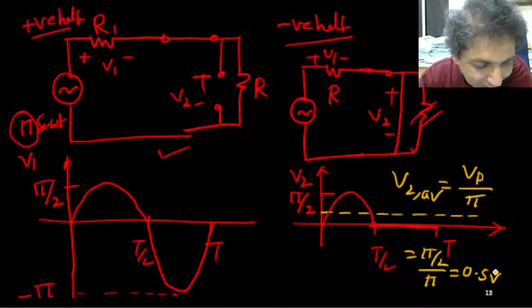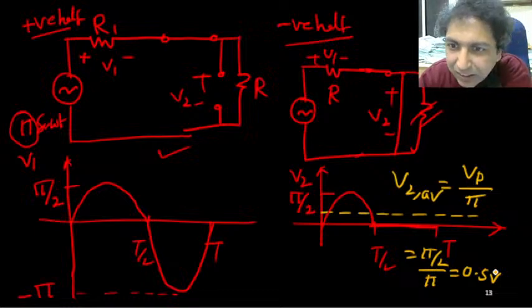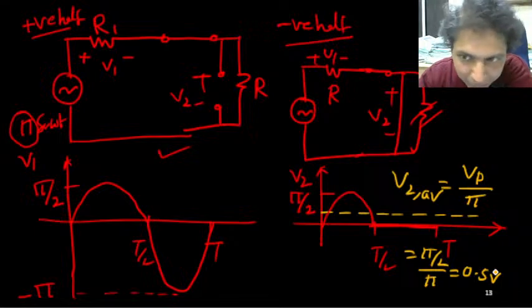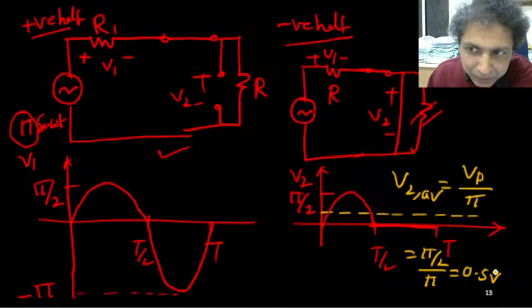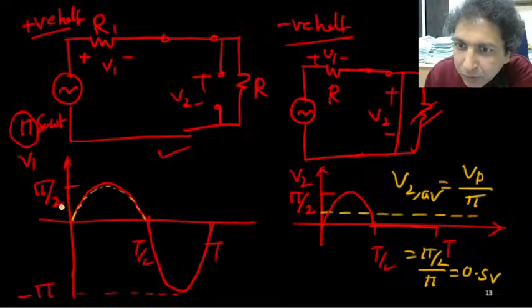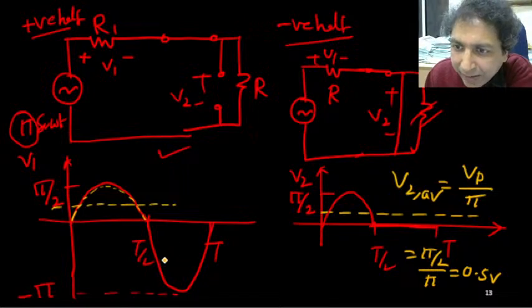Okay. Now what is the average value for V1? How to calculate? If I consider one half at a time, it will be easier for you. If I consider this positive half, for this one I can have one average value. For this one I can have another average value.